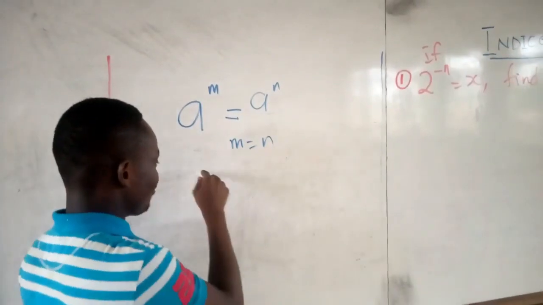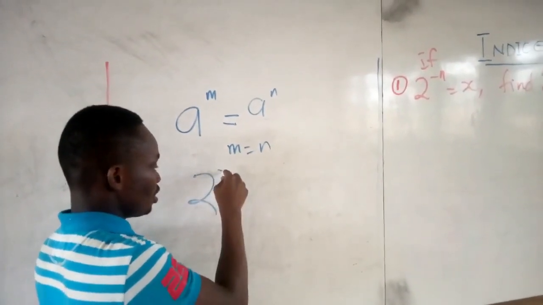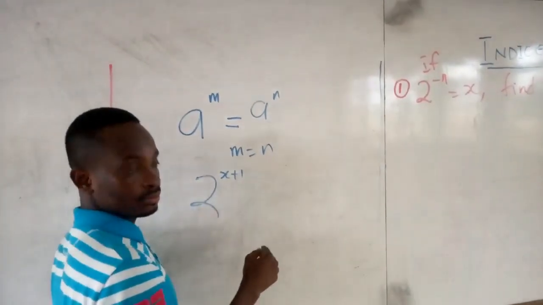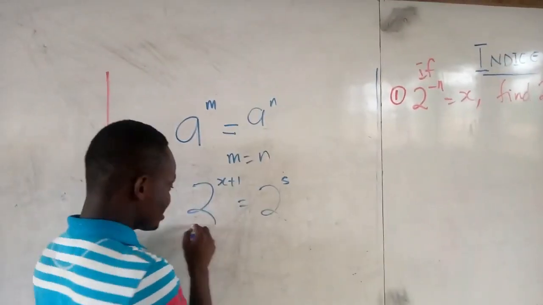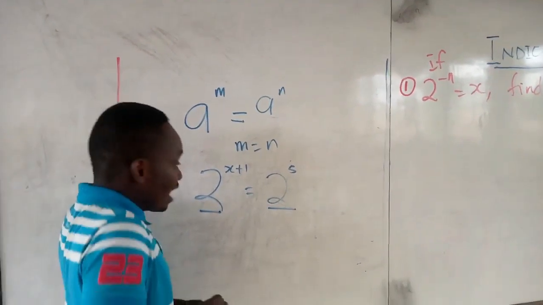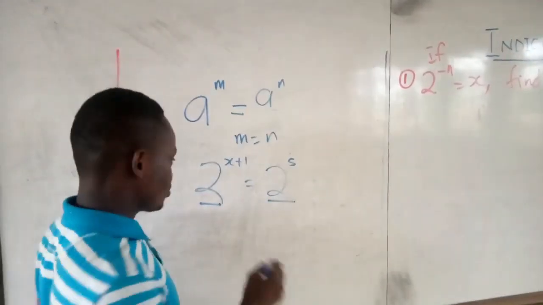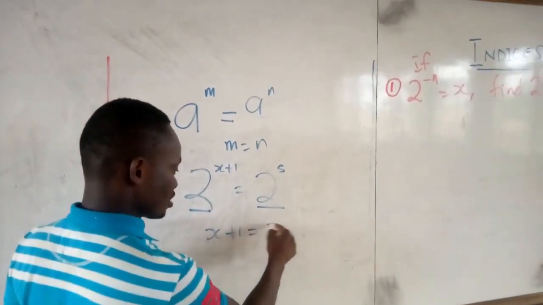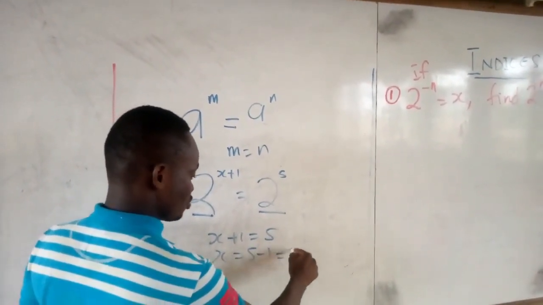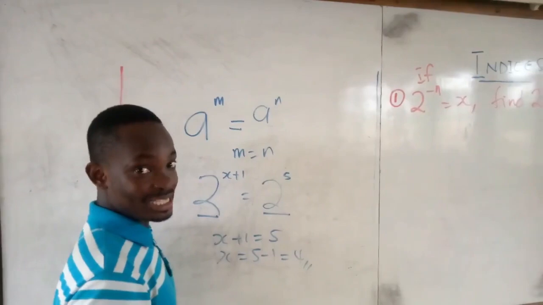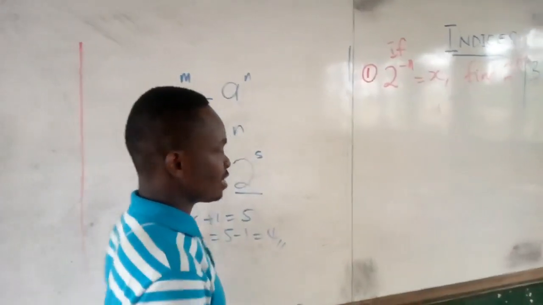For example, I have 2 to the power x plus 1 equal to 2 power 5. Because the bases are the same, I can feel free to equate the indices. So you have x plus 1 equals 5, x is equal to 5 minus 1, which is 4. If you are getting it, great. Now let's move on to this question.